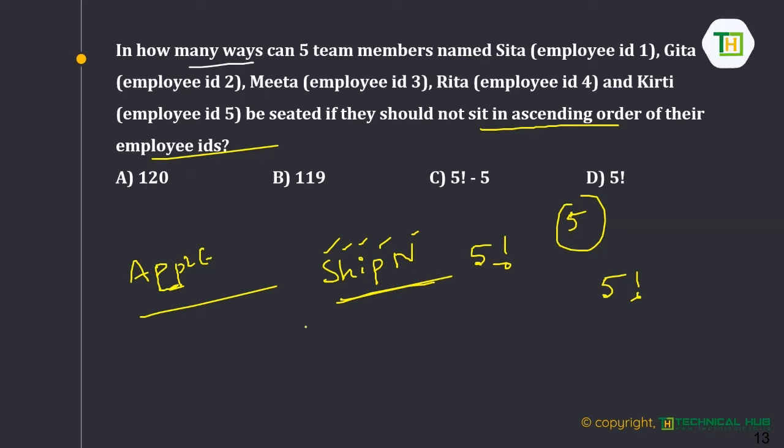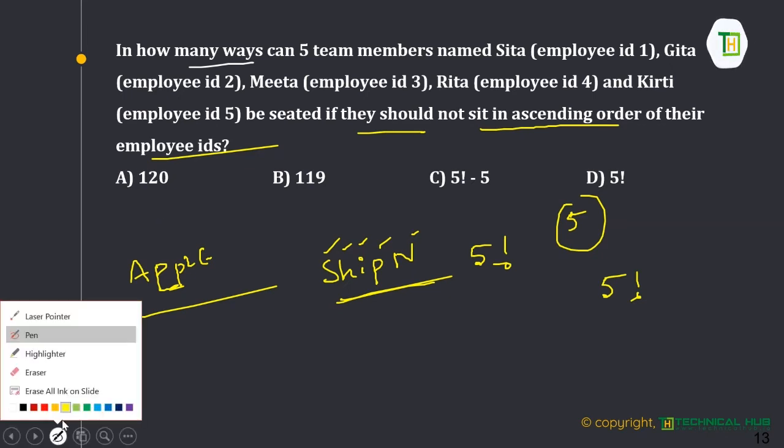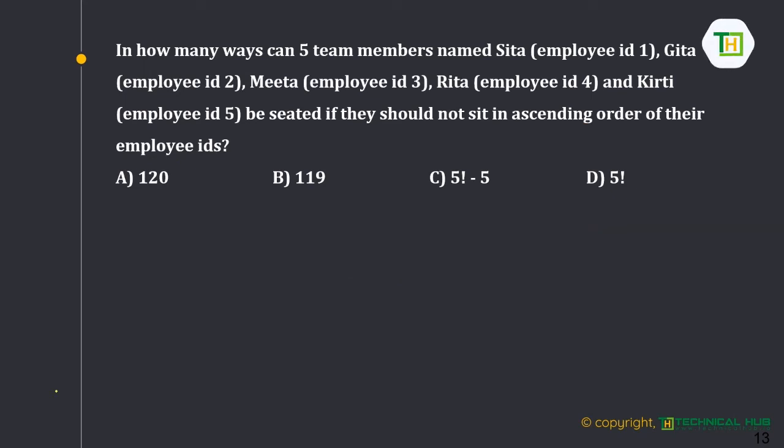But here one condition is given: they should not sit in ascending order. Ascending order means increasing order. So what is your answer for this question? 119. Because 5 factorial means 120. 5 persons are there, and I can arrange them in 5 factorial ways, so 120. But what is the condition given? Should not sit in ascending order.